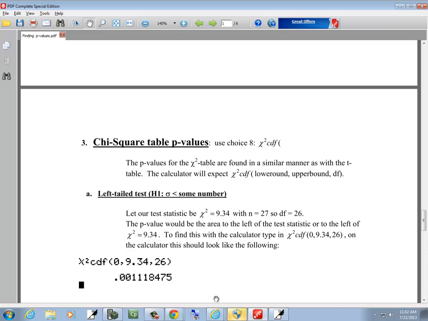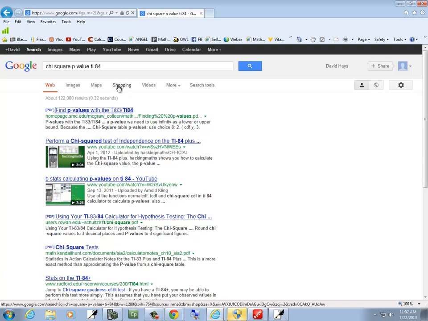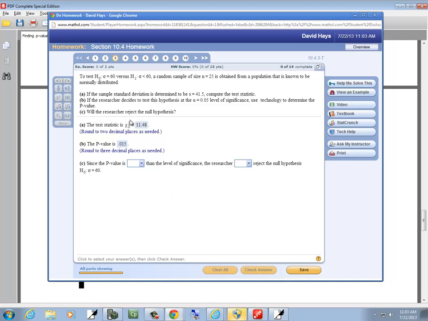If you're curious how I got this document, I entered in chi-square, p-value, T84, and then it says first one. It's McGraw-Hill, where I found this. I tested it on a problem out of 10.4, and it worked fine, except I didn't read the directions where it said round to 3 decimal places.